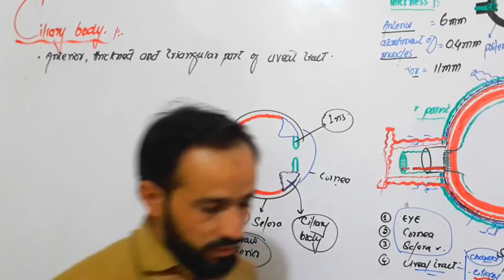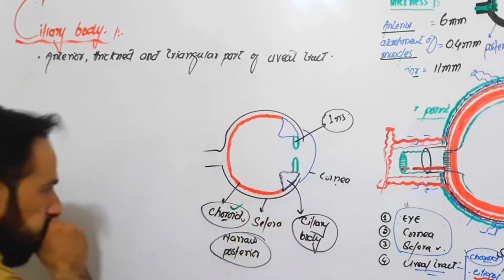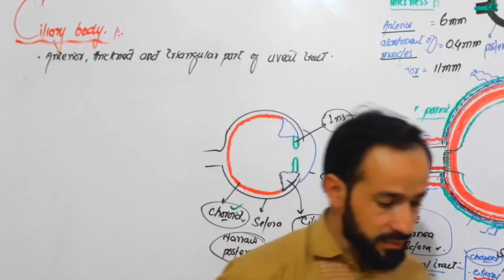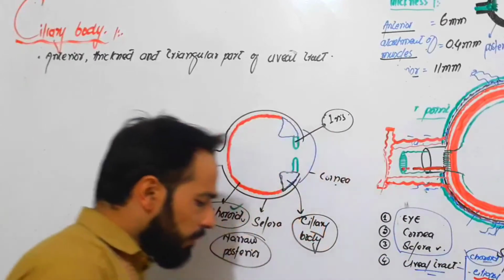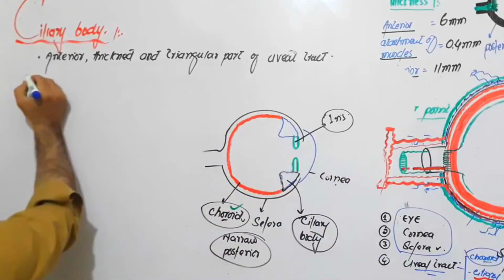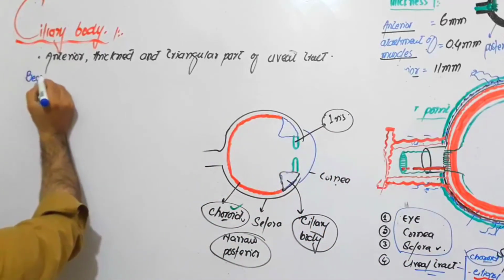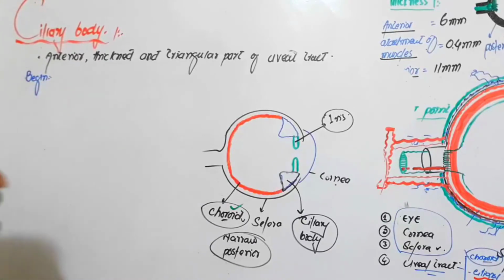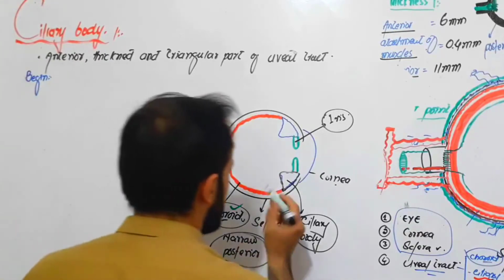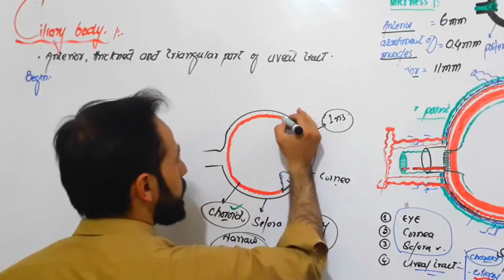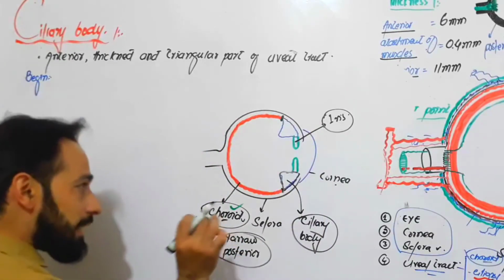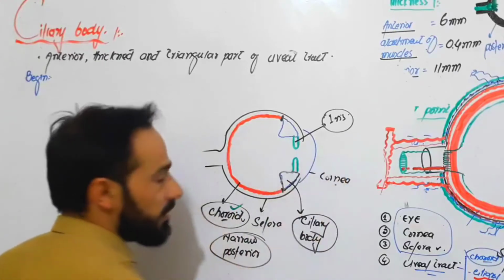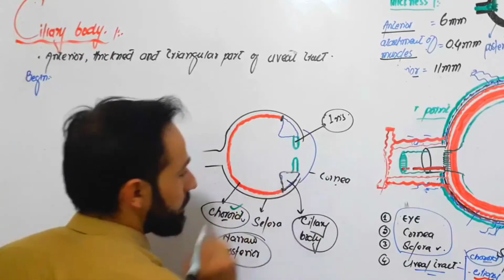Now we move further forward and see other structures regarding it. From where does it begin? At which point does it begin? Look carefully, my dear friends. Here it has begun at this point and at this point. So we should write the exact point where the ciliary body begins and where it ends, right?